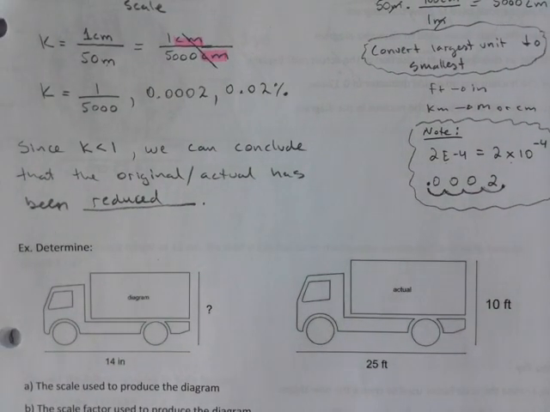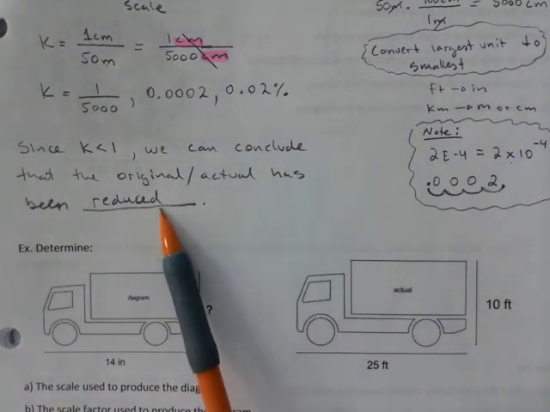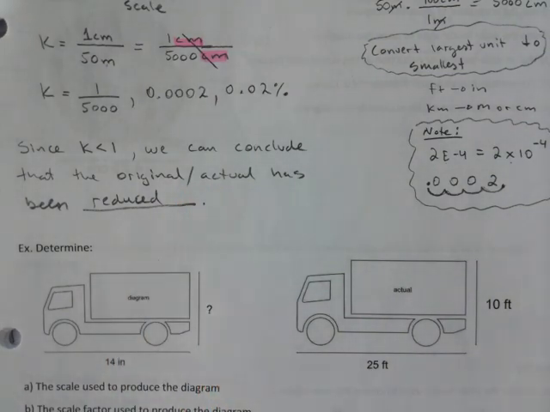The original has been reduced because k is less than 1. We don't know the context around it. There's no word problem just yet. We could later say the original car has been reduced, and we can fill in more later on, but we're already practicing here.